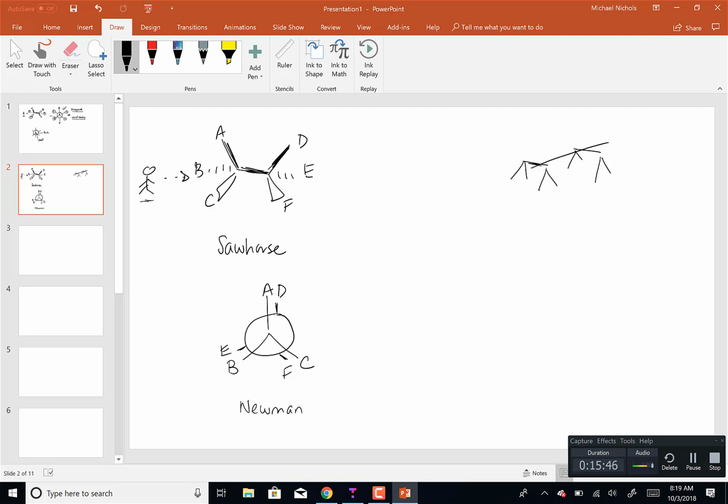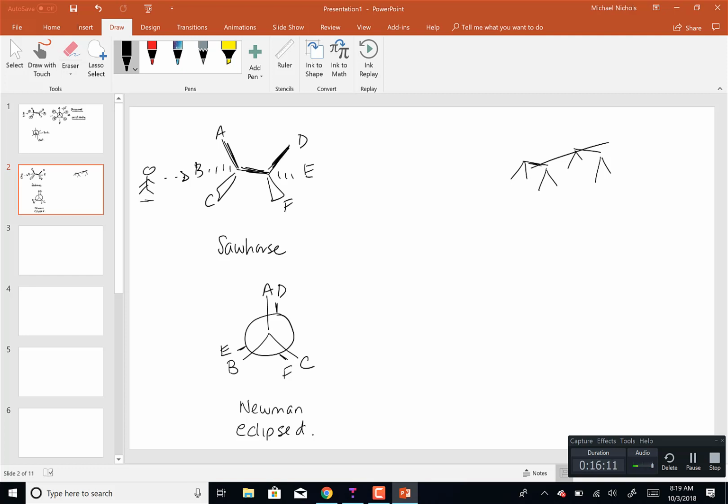They're either what we had before, which was called staggered, where the groups are away from each other, or this is called eclipsed. And what we have to remember about this is that whatever groups A, B, and C, and D, and E, and F are, they're atoms.